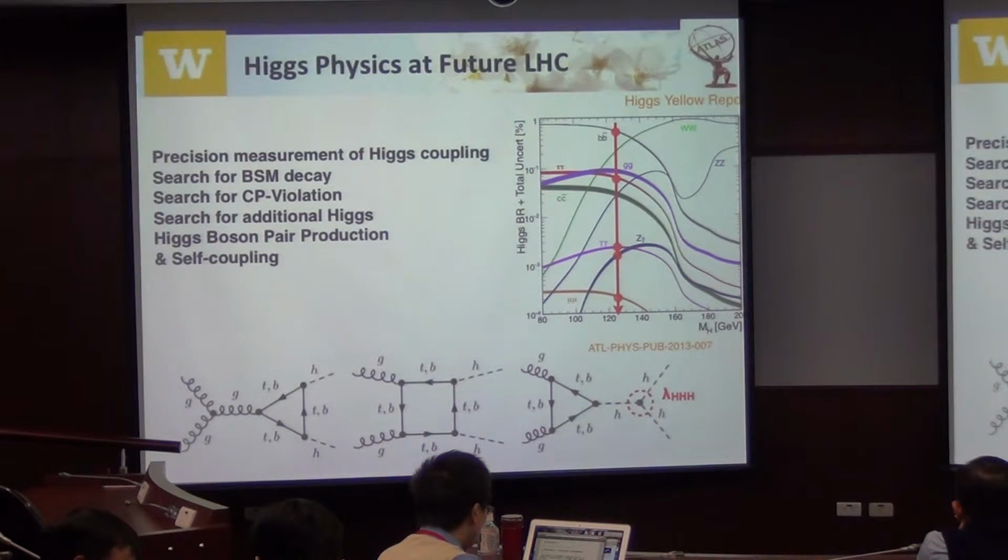We want to press further on how the Higgs couples to the different sectors, including the self-coupling of the Higgs. For example, some model could predict this vertex. But the production rate for the two-Higgs production, either through the fermion loop or through the self-interaction, is very, very small. We need quite a lot of data in order to study this channel.